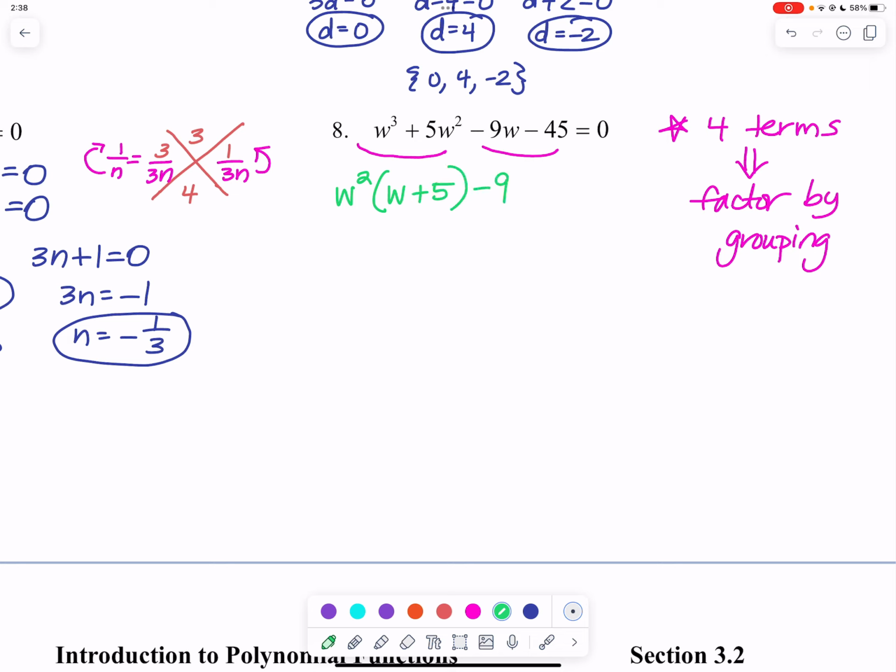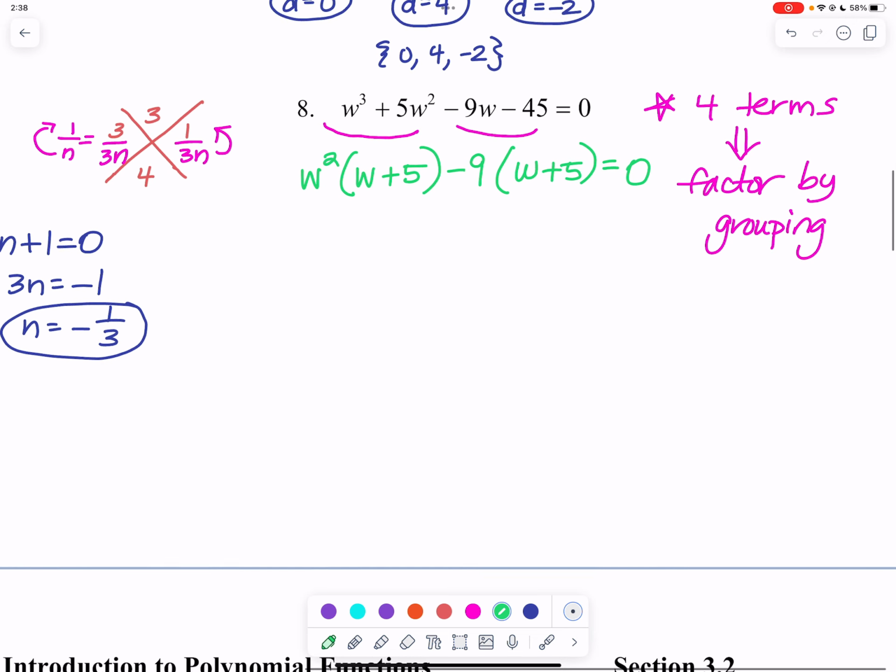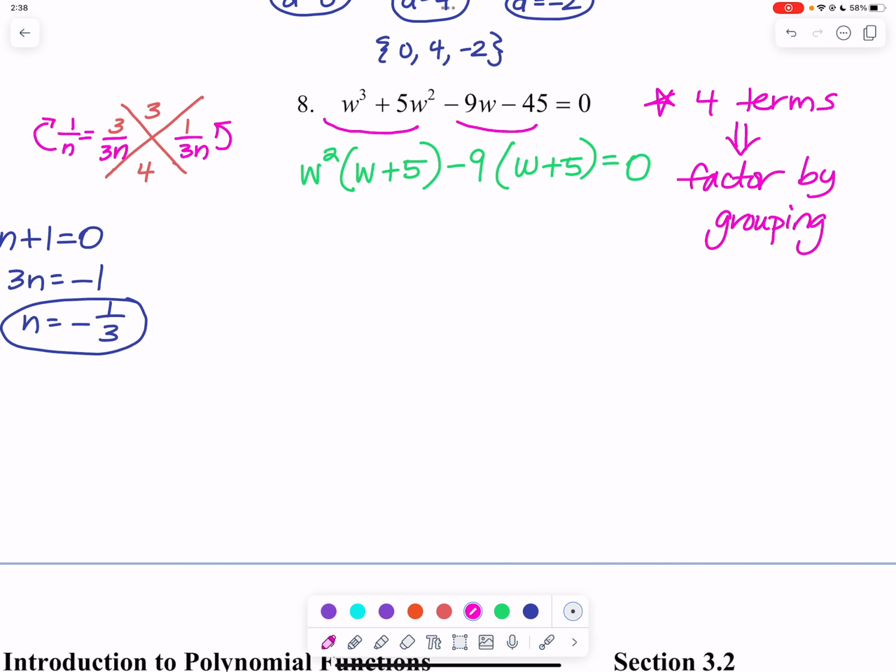And let's factor out a -9, and what do you know? We come up with w plus 5 after we factor out. Now we have 2 factors in common. We have w plus 5 in common between the 2 terms. So let's factor a w plus 5 out, and we're left with w squared minus 9.